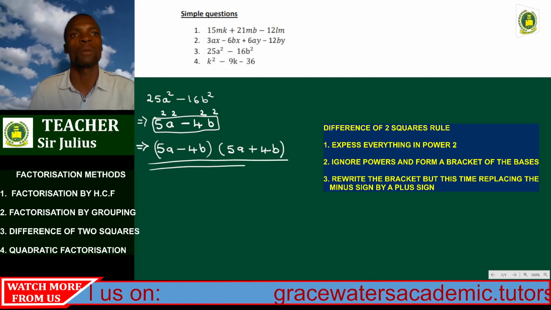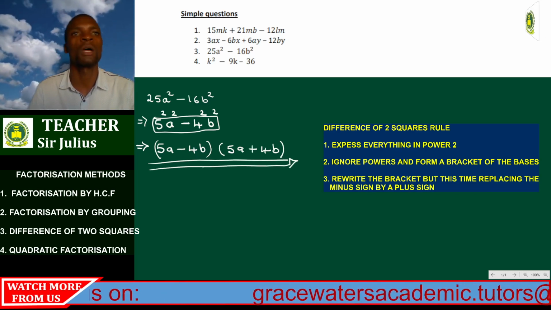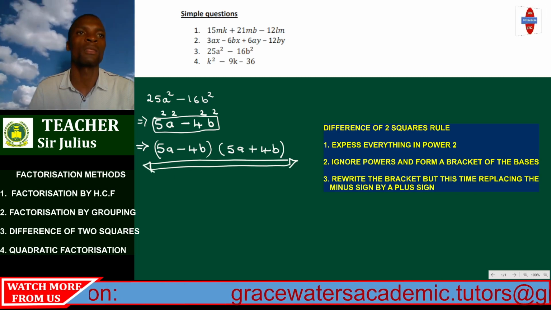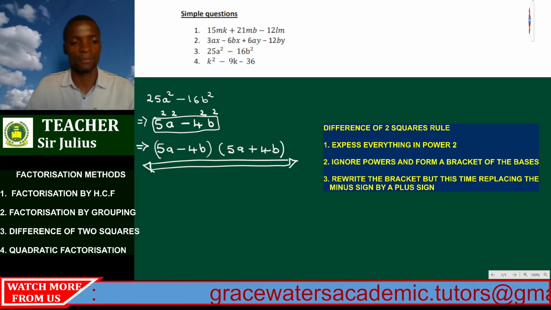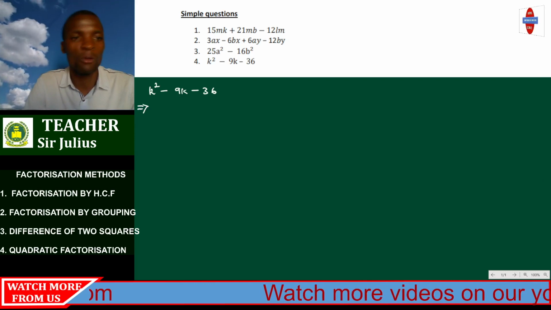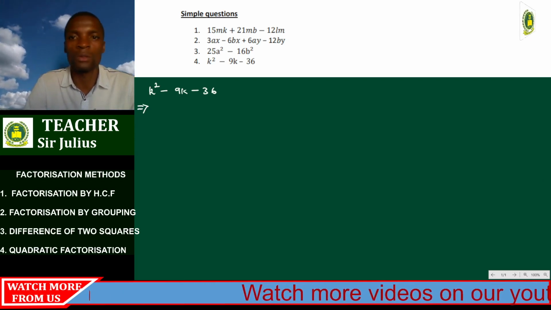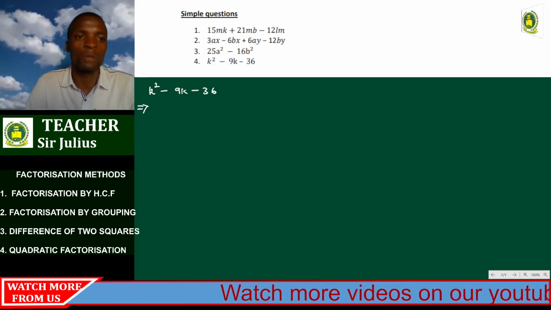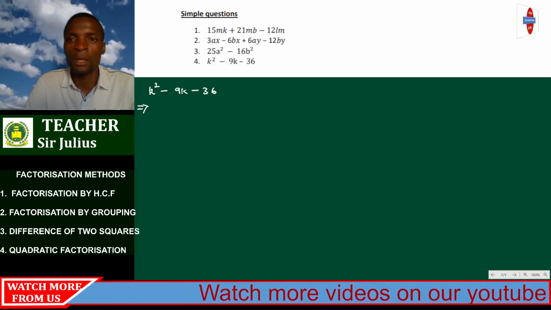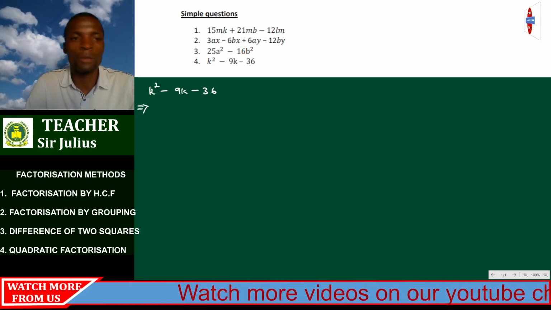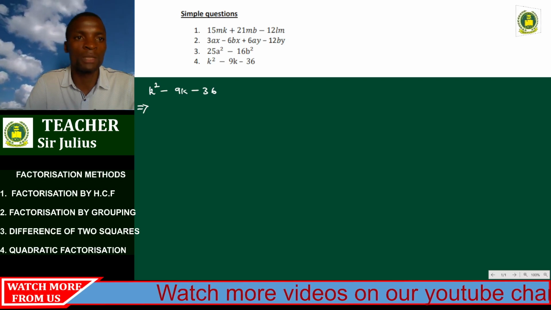I believe and hope that you guys have understood how we do difference of two squares. Alright, now allow me to introduce the fifth method of factorization, which is known as quadratic factorization. In quadratic factorization, what you're going to do is very simple.